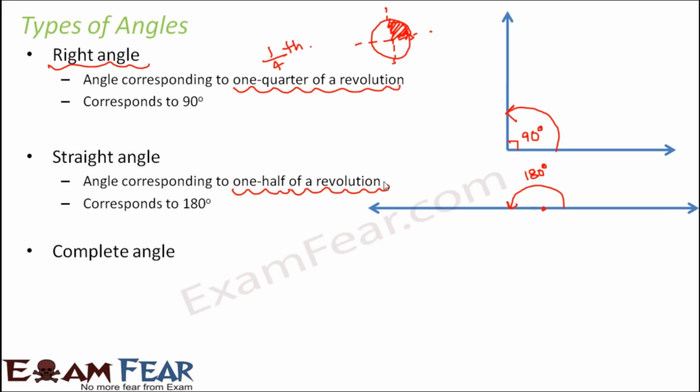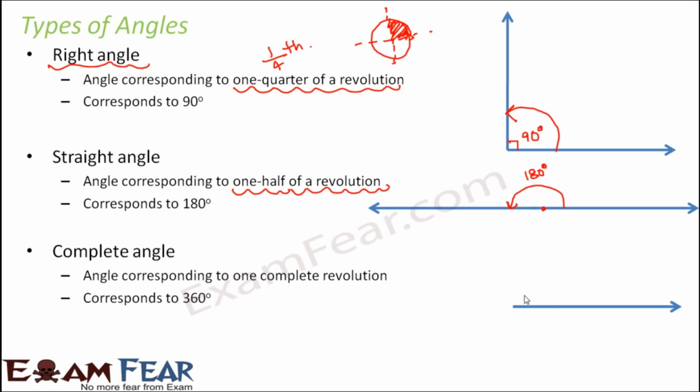And finally, we have complete angle. Complete means one complete revolution. So one complete revolution would correspond to how many degrees? Yes, it would correspond to 360 degrees. That means you start from here and you come back to the same position. So that is 360 degrees, and this is called a complete angle.